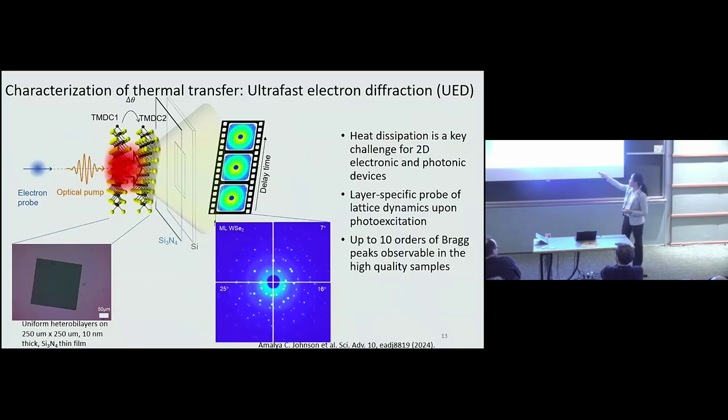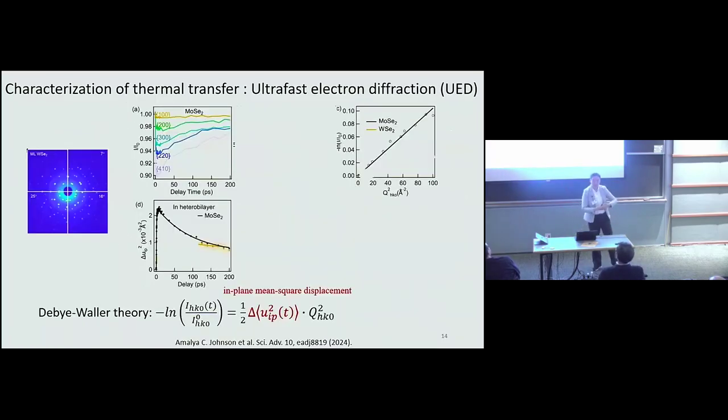We can see these diffractions for monolayers and for twisted bilayers at different twist angles. In this experiment, we photo-excite one monolayer and look at how long it takes to pass the heat to the other monolayer. For our WSe2, MoSe2 heterobilayer, we are selectively exciting the MoSe2 layer.